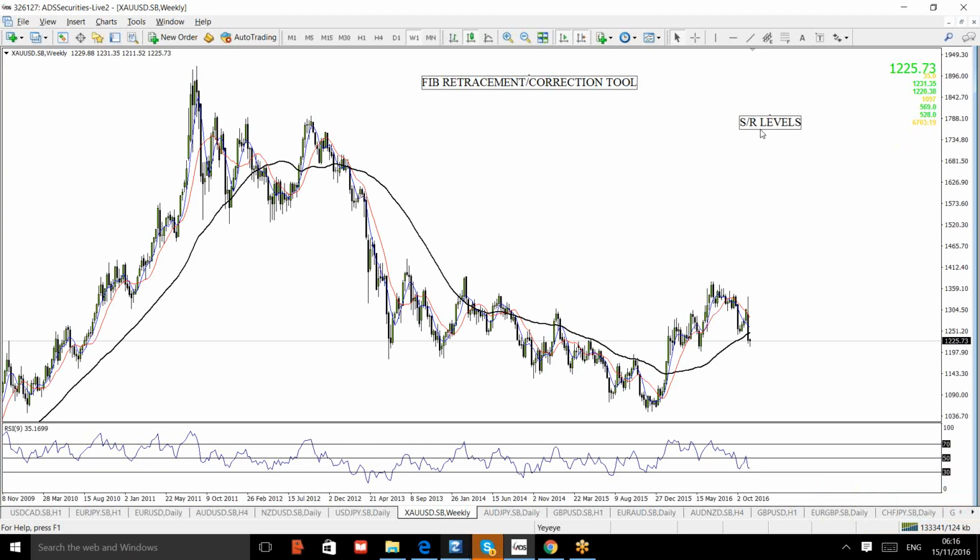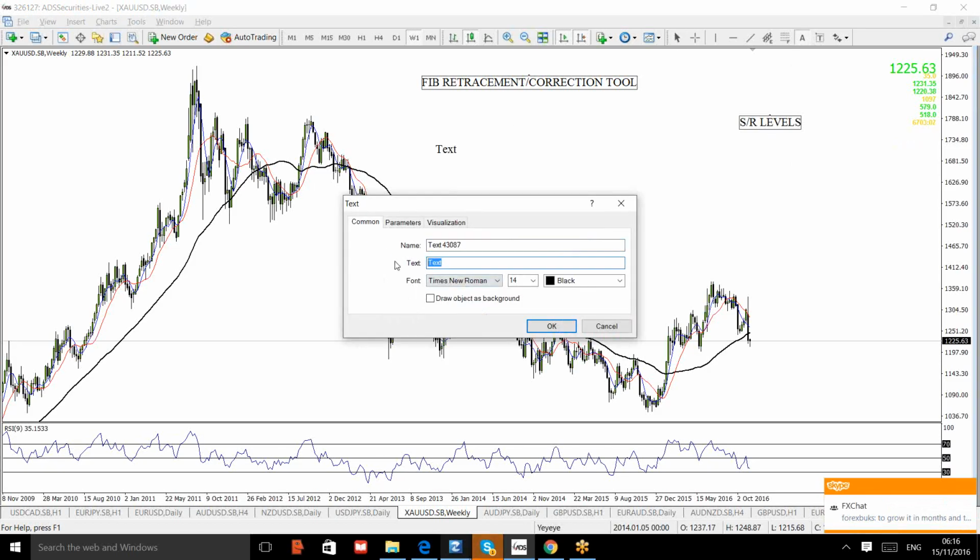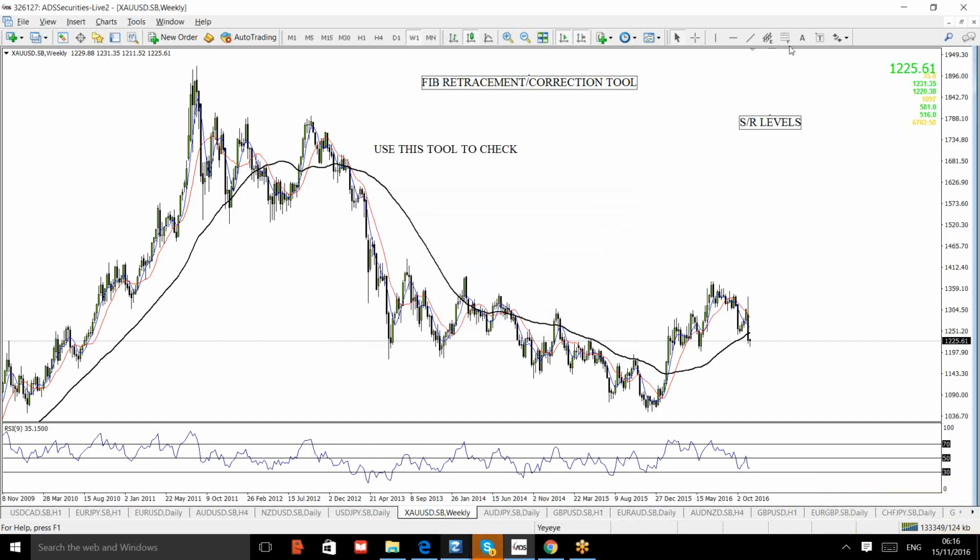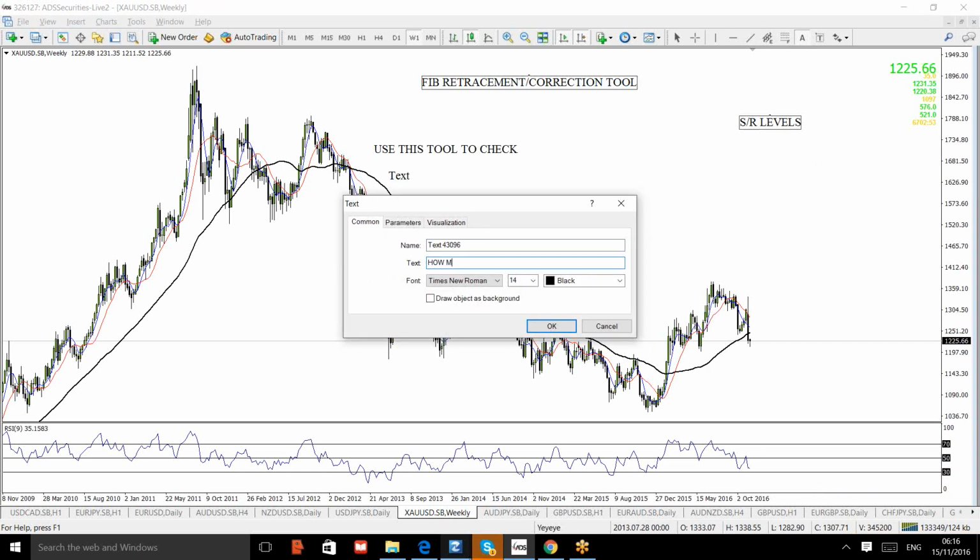Only for that purpose. I'm saying it again and again because this is the most significant factor, and that is where people confuse it. How much the price can retrace.